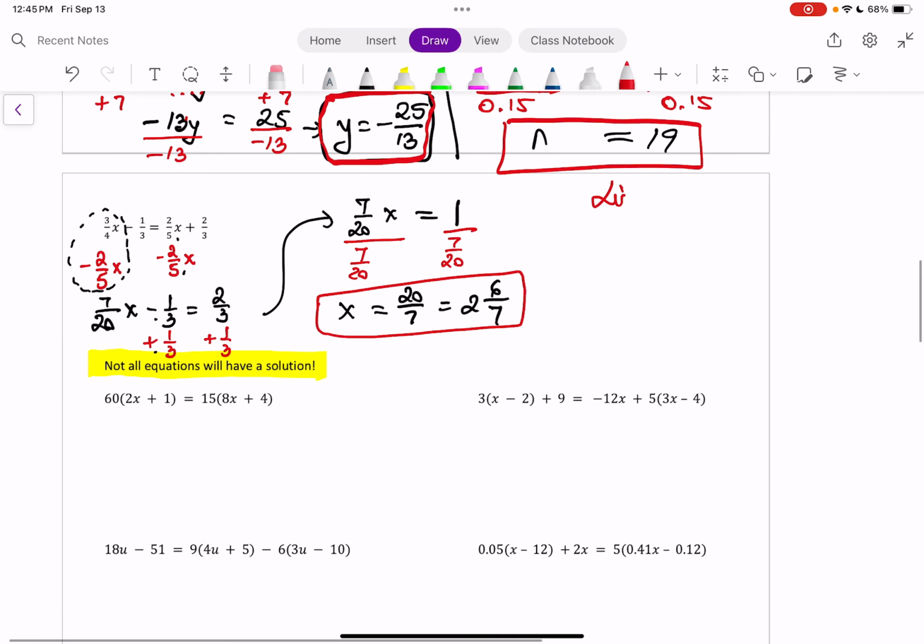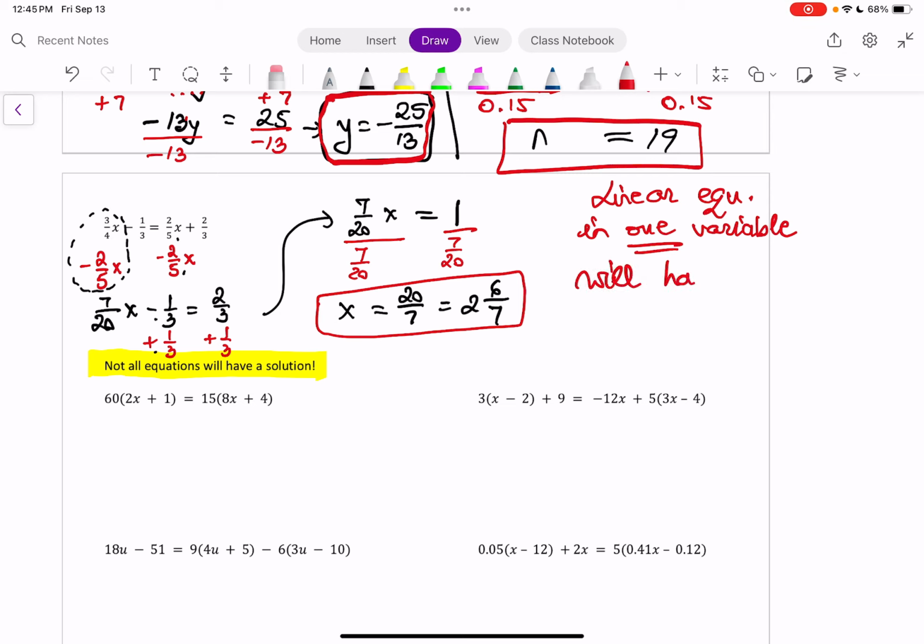Linear equations in one variable will always have one solution, unless we are in one of these situations down here on the bottom.